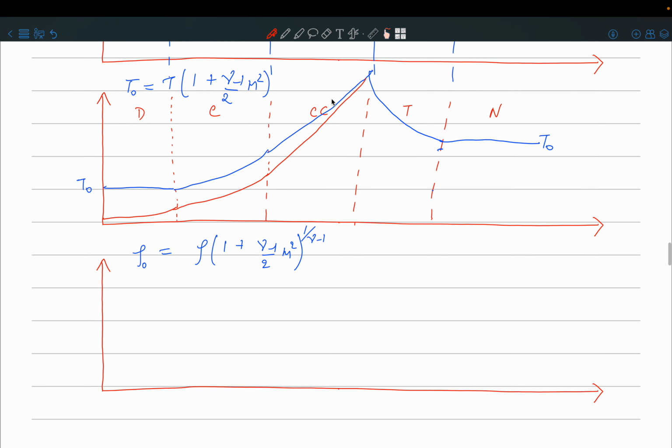And now if you see, I have brought the static quantity very close to the stagnation quantity because the flow velocity becomes very small inside the combustion chamber, and then the temperature will start to drop in the turbine.